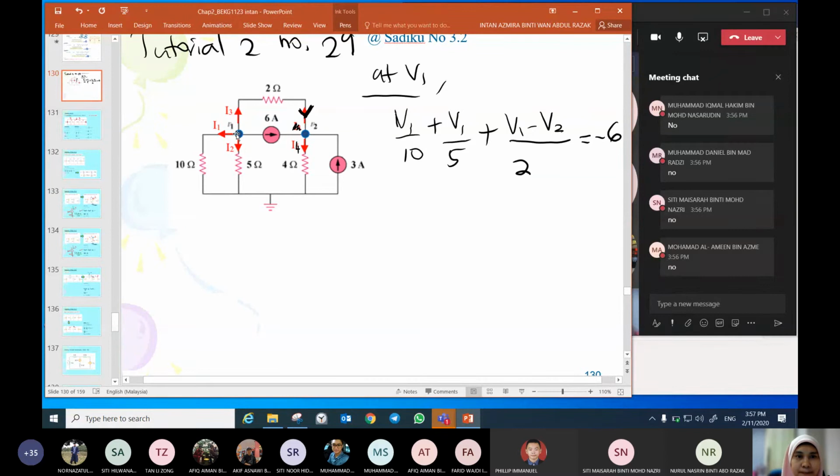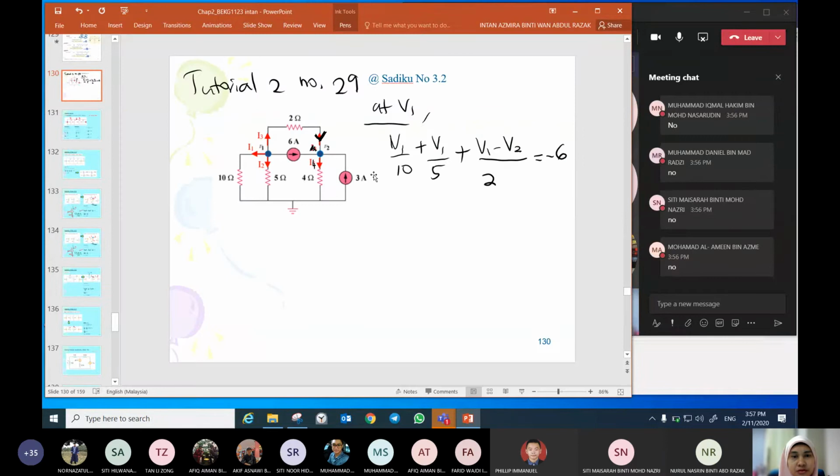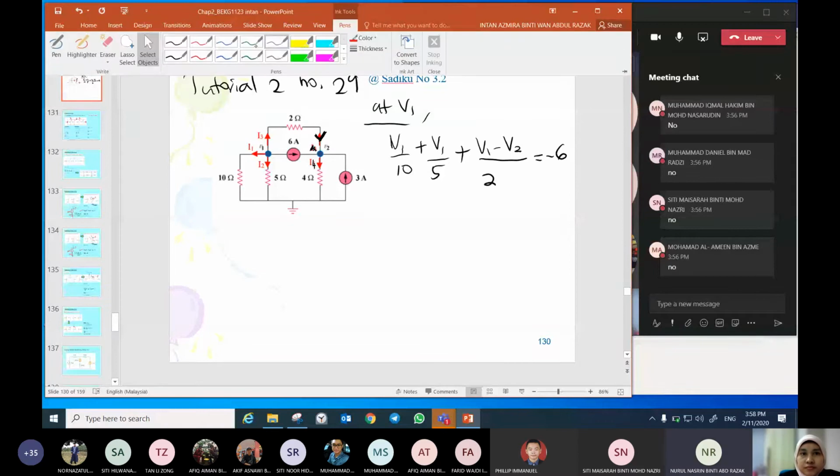But I did not get the same answer. You will get the same answer. So the answer for this is 12 and 0 volts.